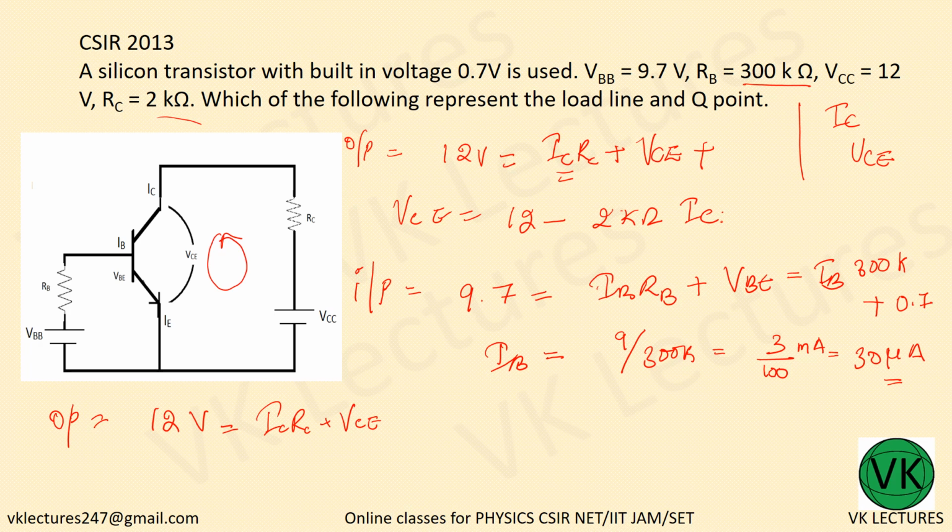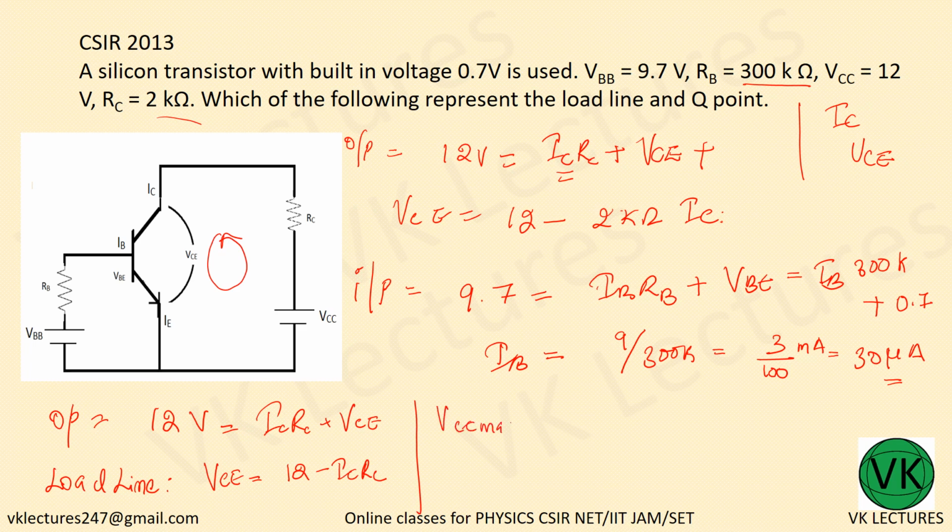Okay, so let us find the load line. How to find load line? First of all we want to write VCE equal to 12 minus ICRC. Now what is the maximum value of VCE?